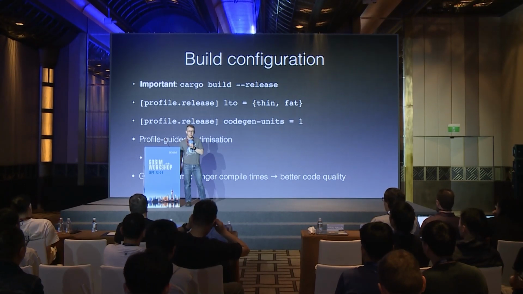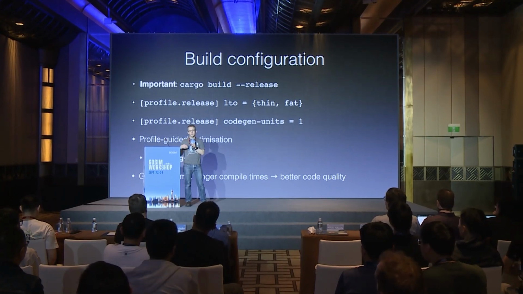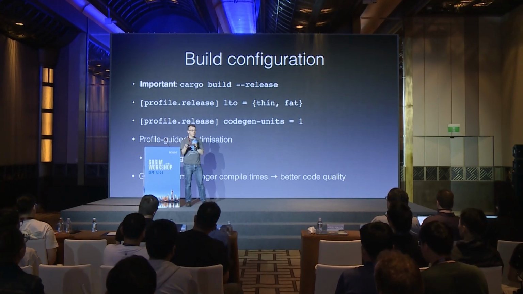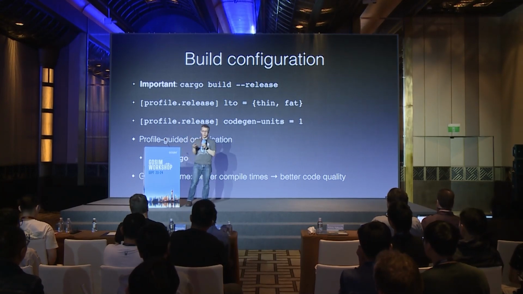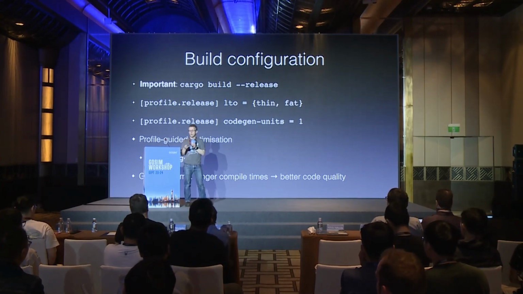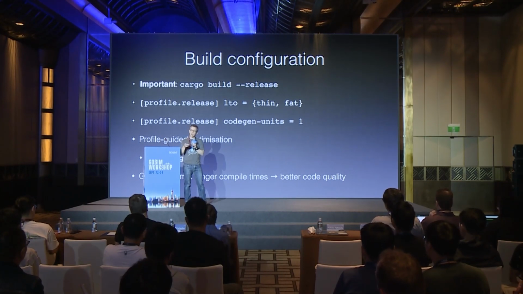Another more advanced technique is called profile guided optimization. The idea here is when you turn it on, the compiler, when it compiles your program, will insert some special instrumentation code into the compiled code, and then you can run your program on some representative data, and it will make measurements, and then you can recompile your code, and the compiler will take those measurements into account and optimize the code further.